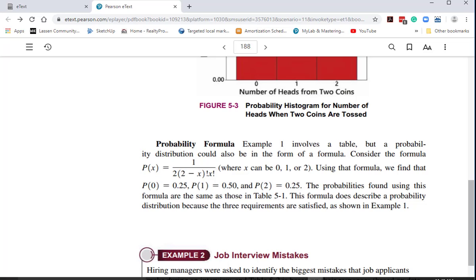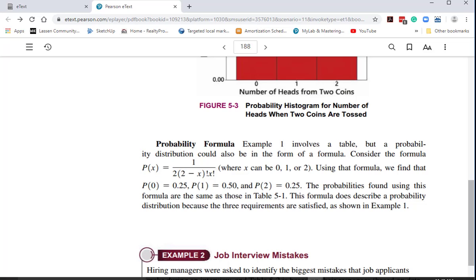Example 1 involves a table, but a probability distribution could also be of another form. Consider this formula, where x can be 0, 1, or 2, right?